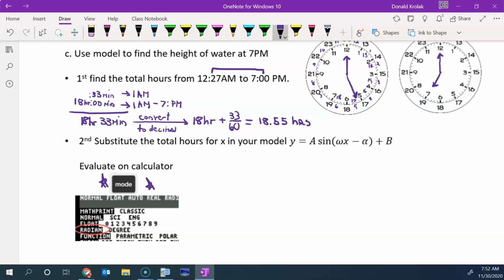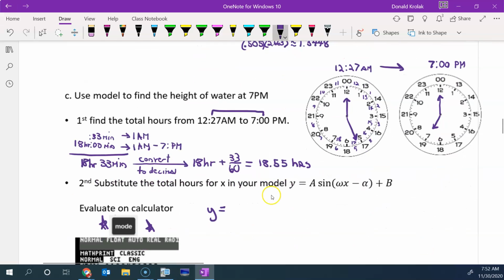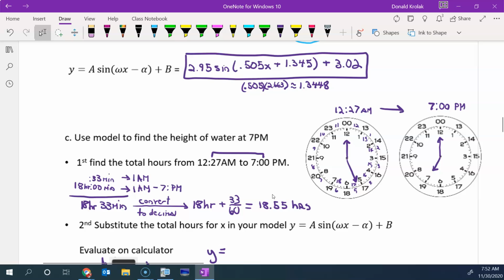All right, and now here it goes. Y equals, and all we're going to do is put this number in for x. So 2.95 sine 0.505, and now I'm going to put in for x 18.55. And then the rest of it is the same.